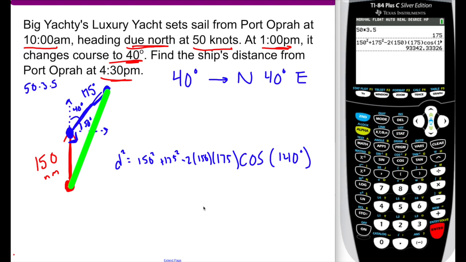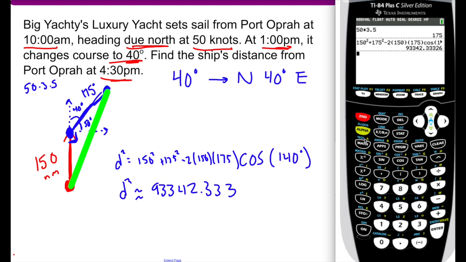And what we get is that the distance squared is approximately 93342.33, let's call it 333 nautical miles.